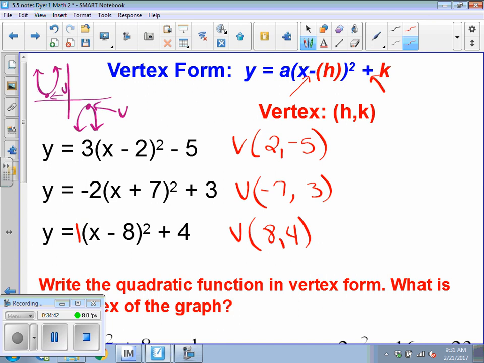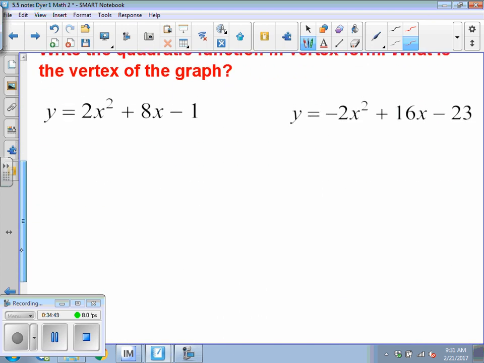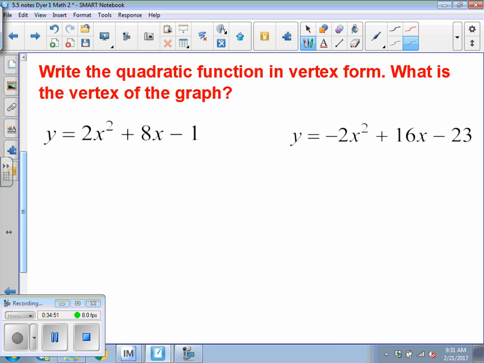Okay, everybody understand how to pick out the vertex now? Okay, so now what we're going to do is take these. It says write the quadratic function in vertex form. And what is the vertex? So we're not solving, all we're doing is rearranging to put it in vertex form.